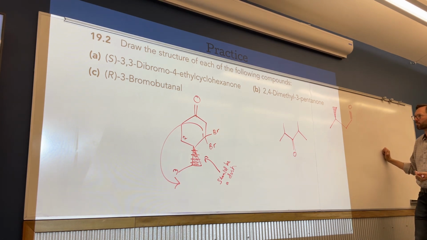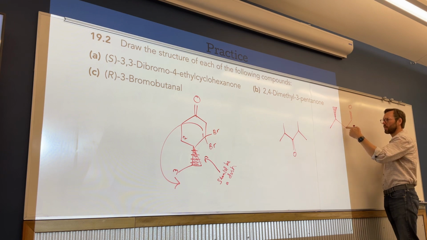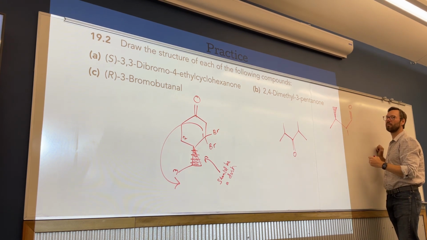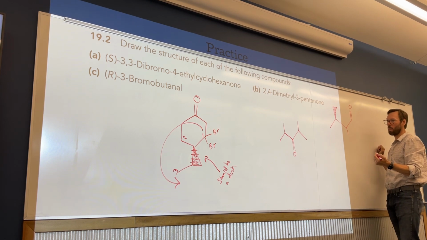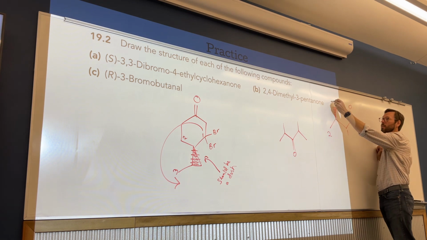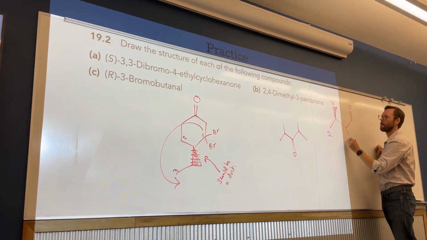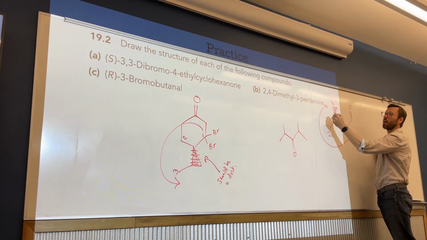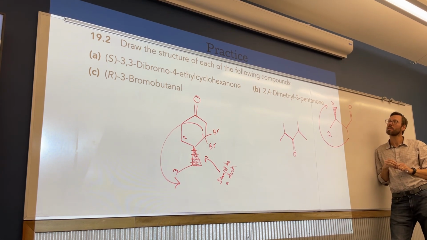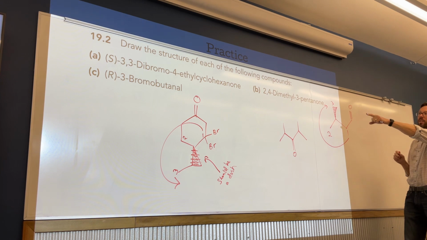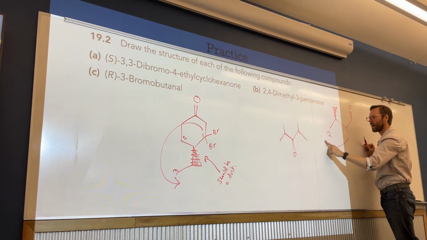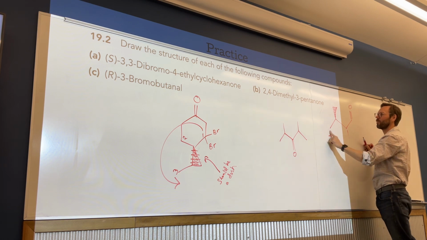But what's going to get the 1? It's going to be the one closest to the ketone, right? And then 2 would be the rest of the alkane chain, and then 3. So that's R. Oh wait, actually, the bromo would be number 2, right? I messed you up there. I forgot to put the bromo on there.